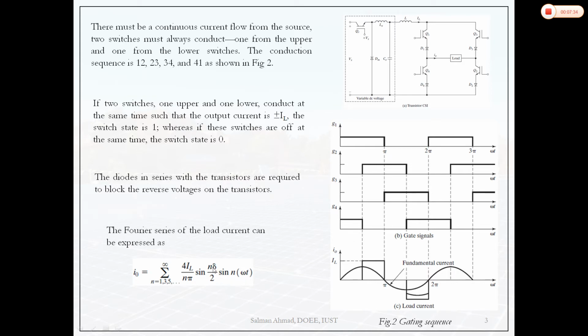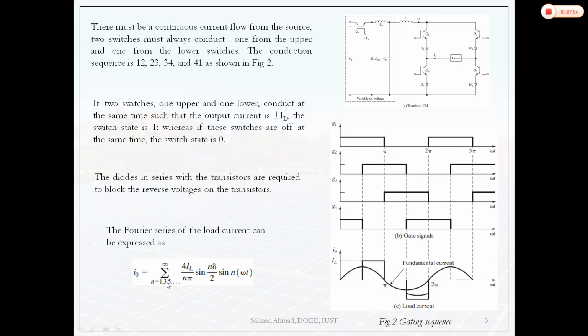If delta is equal to pi, if it is for half period, then sine n delta by 2 will actually be 1, so this term will disappear. Then I naught is 4IL upon n pi sine n omega t.